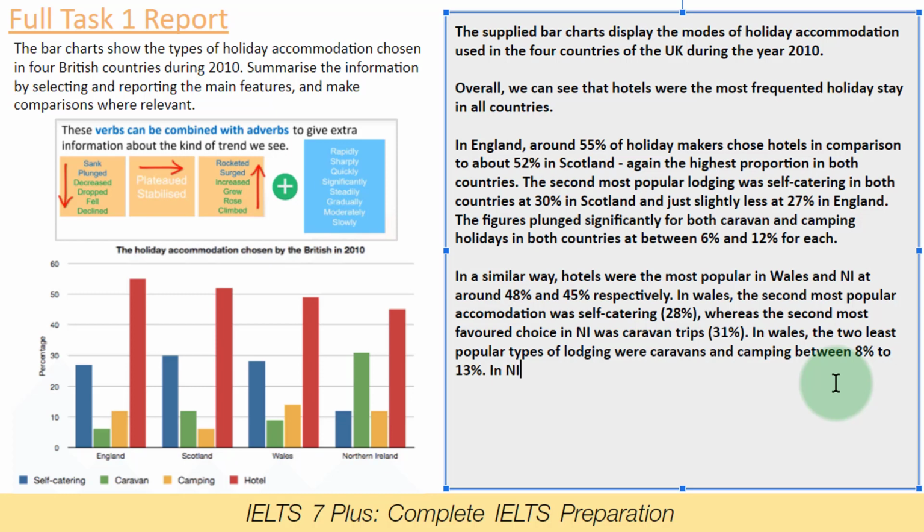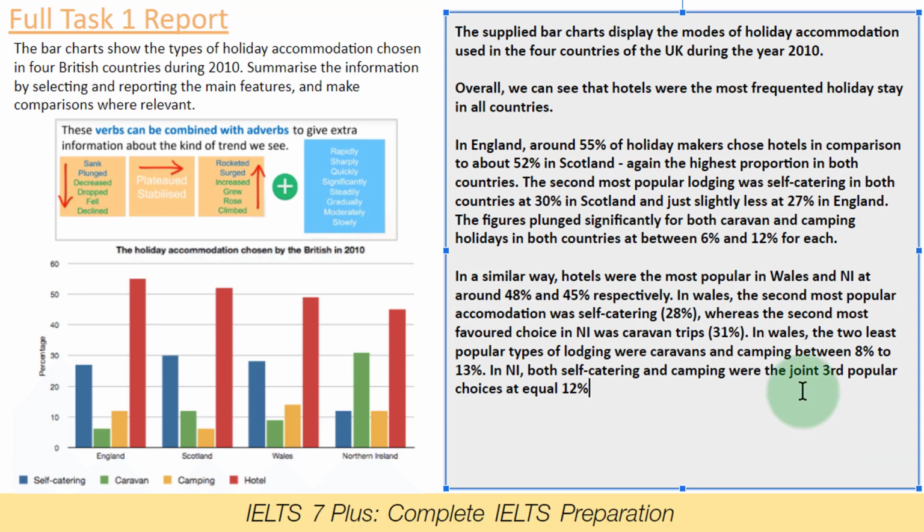In Northern Ireland, both self-catering, and here I can see they're the same amount, so I'll mention this. Both self-catering and camping were, let's say, the joint third popular choices at equal 12%.